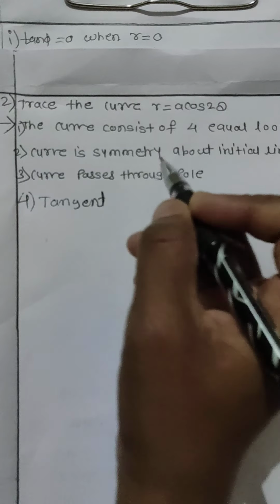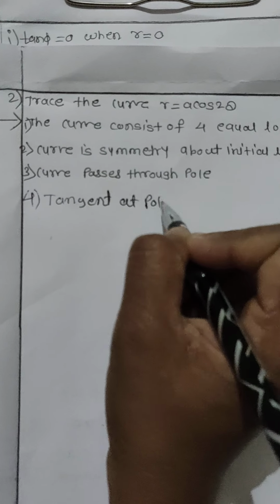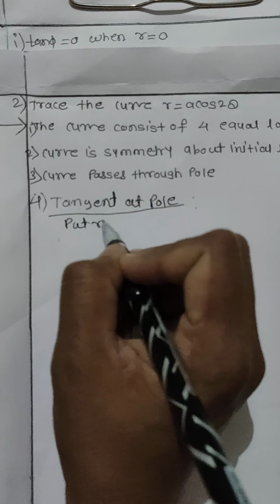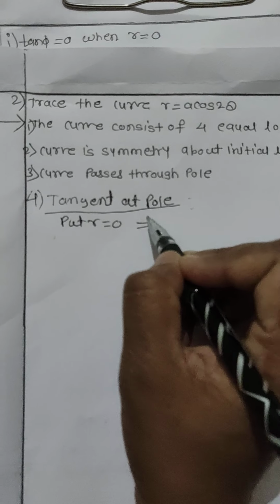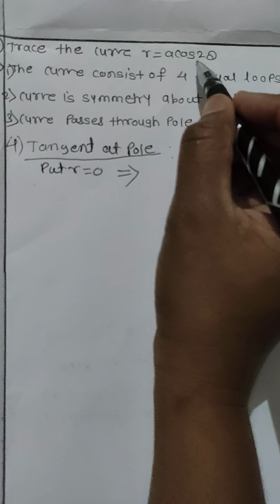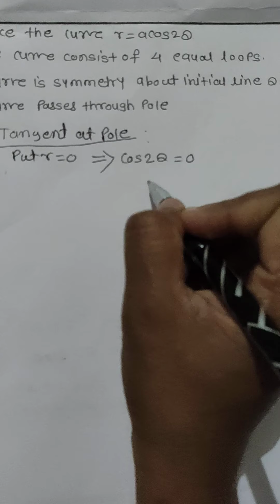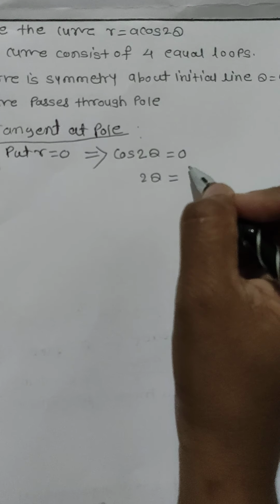We have to calculate the tangent at the pole. So how to find the tangent at the pole? Put r = 0. So this equation can be written as a cos 2θ = 0. That means cos 2θ = 0. So 2θ = cos inverse 0.